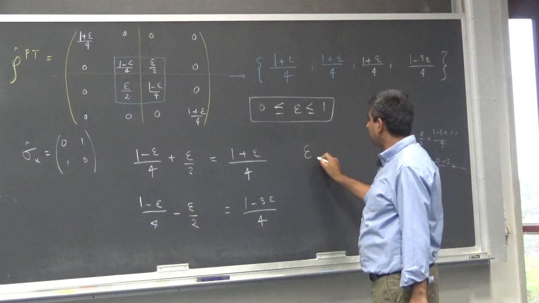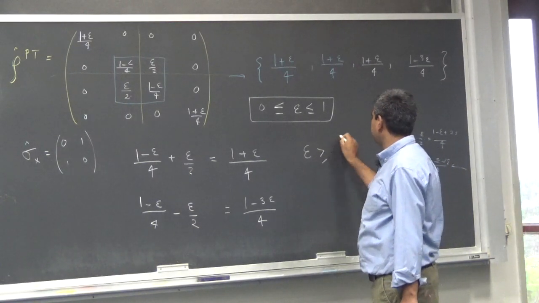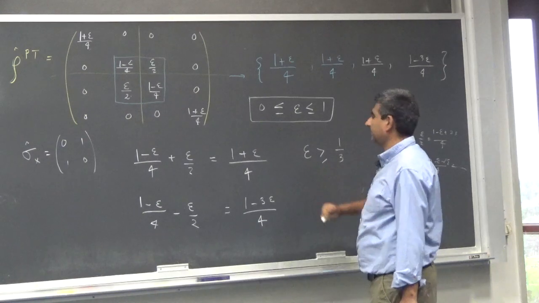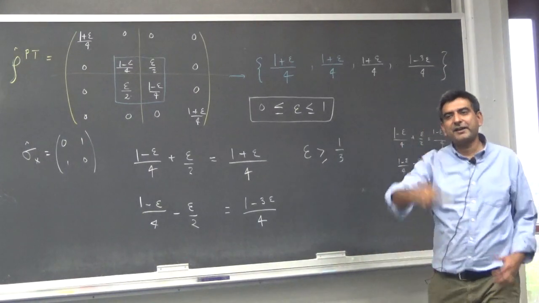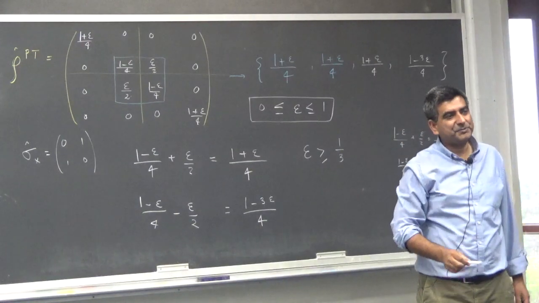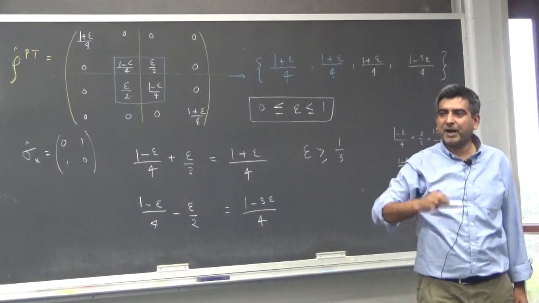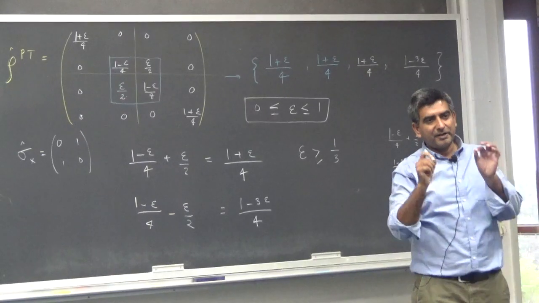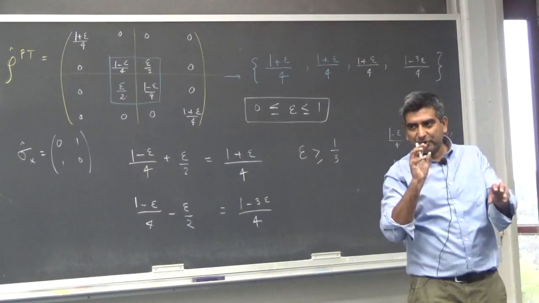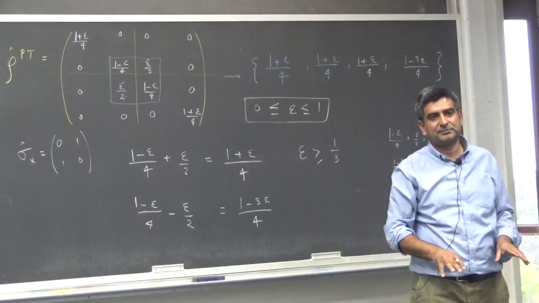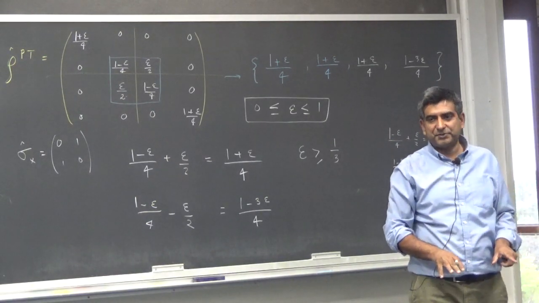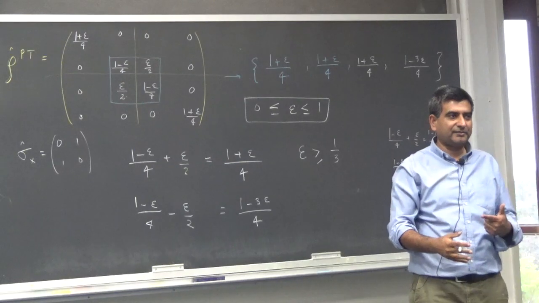So if our epsilon is bigger or equal to 1 by 3, then one of the eigenvalues is turning out to be negative. Which means that my initial density matrix, in which I had presupposed it were written as a tensor product of two standalone density matrices, is incorrect, which means that the state is entangled.